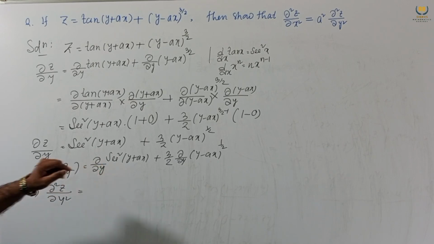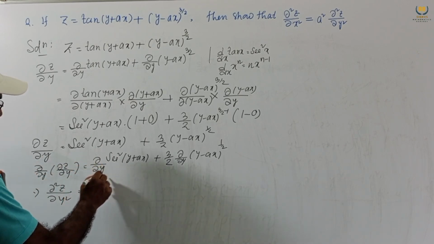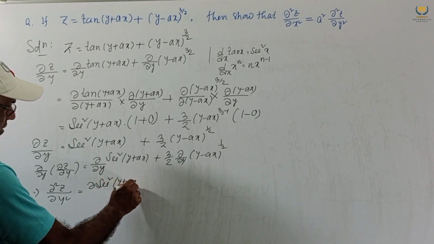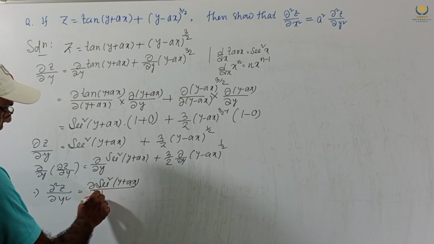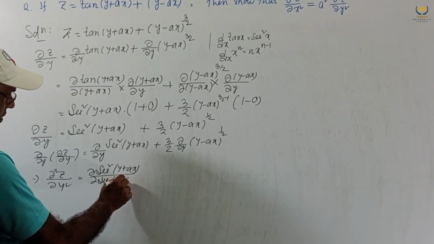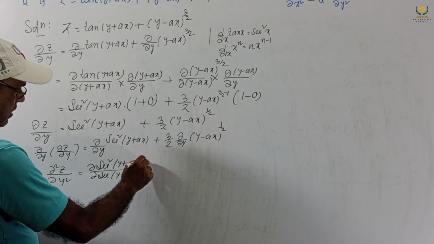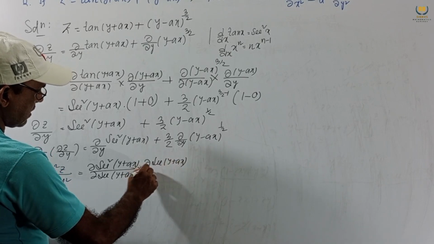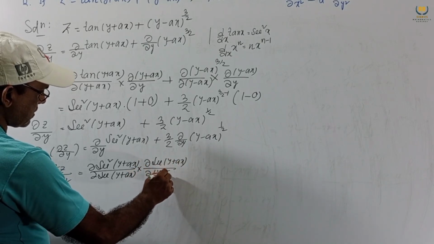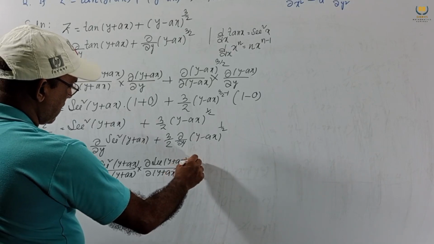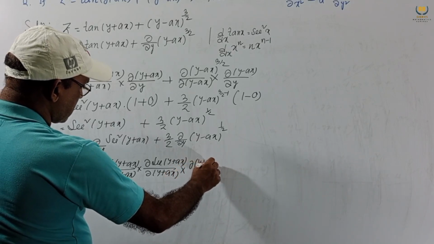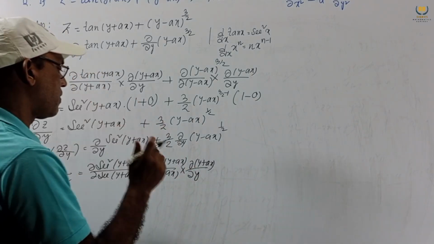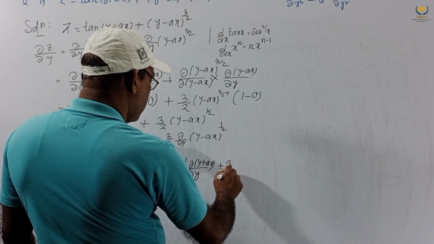And for sec square, we differentiate partially with respect to the first, sec square (y plus ax), del sec (y plus ax) into del (y plus ax) by del y, this one, plus 3 by 2.